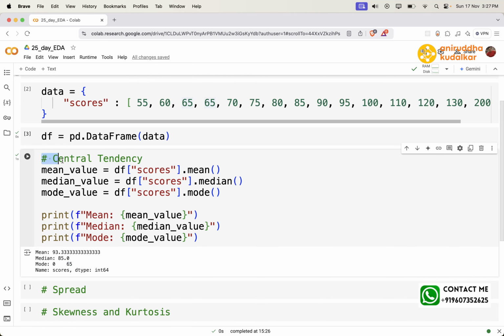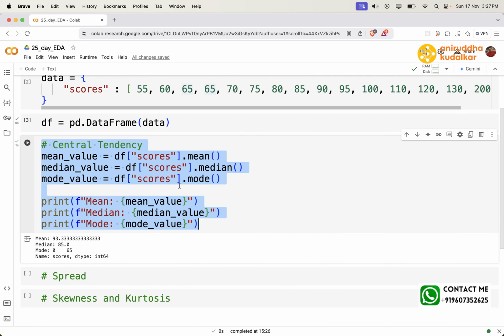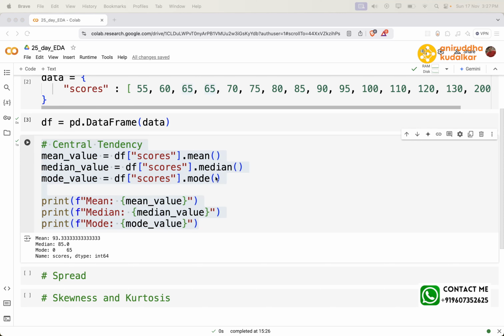When you talk about central tendency, you are talking about these things. Is that clear?